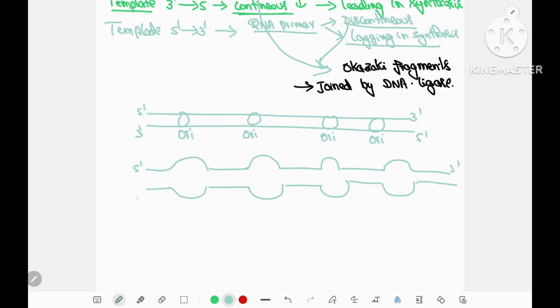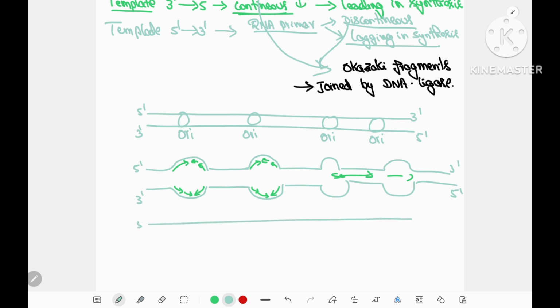Not at all. At all the sites there is uncoiling of DNA and synthesis of strands at a time. In one direction it is continuous, in the other discontinuous, and the process will happen in all the ori sites simultaneously at the same rate.